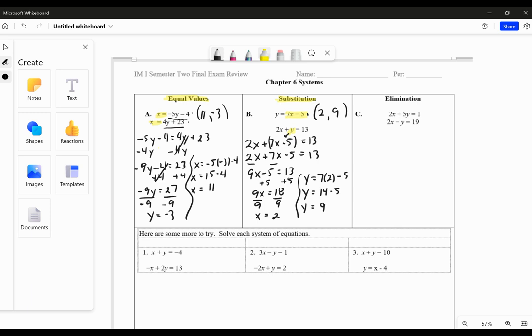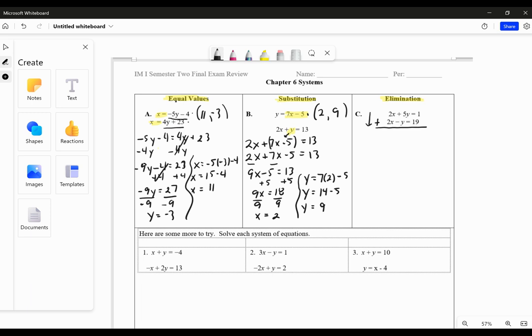Now the last one is elimination. So elimination means that I have an x and x, a y and y, and a number on the other side of the equal sign. So what I'm going to do is, instead of the equal values method or substitution, I am just going to add the two equations together.